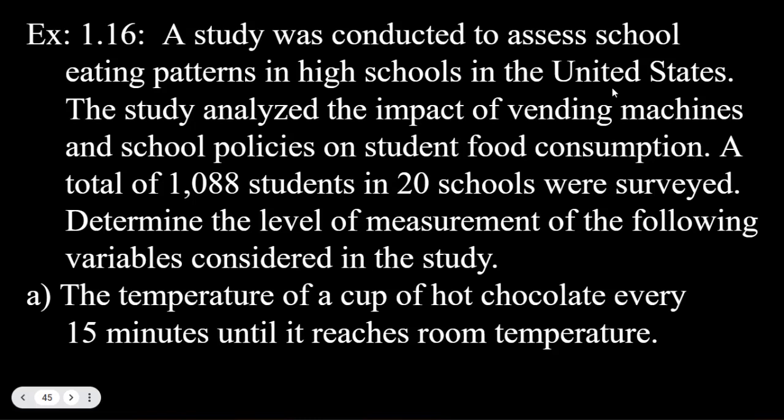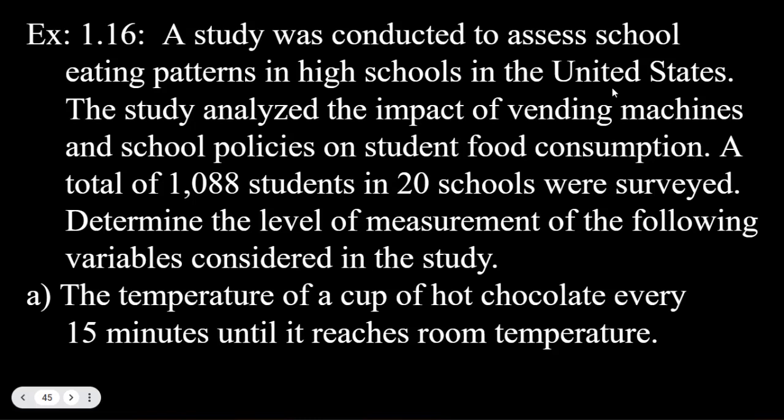A: The temperature of a cup of hot chocolate every 15 minutes until it reaches room temperature. So let's say that cup of hot chocolate might start out at, I don't know how hot it would be, maybe 110 degrees. And then it goes down to 100 degrees, so it decreases by 10 degrees. It goes down even further and eventually gets down to room temperature, which would be around 70. So what is that level of measurement?